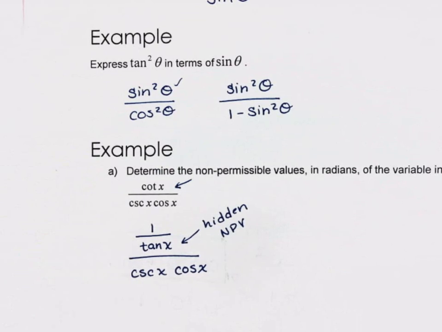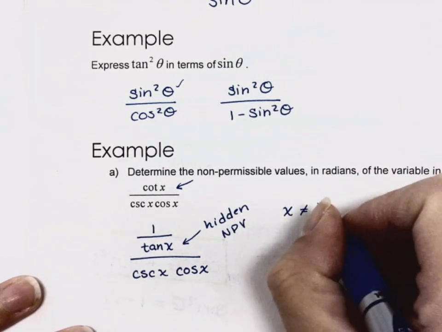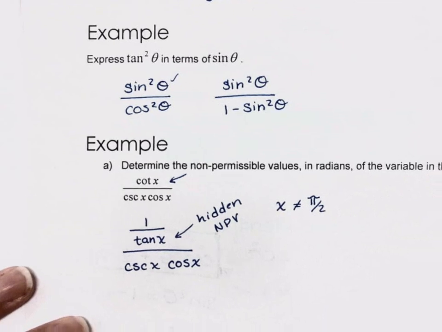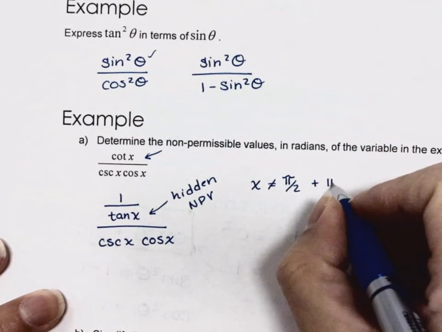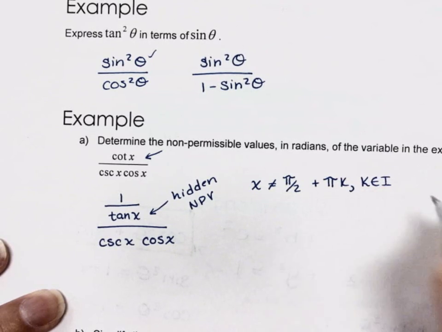So tan x is undefined at pi over 2, right? Everybody agree with that? So we know that x cannot equal pi over 2. And do we have any restriction on this? No. So general solution.